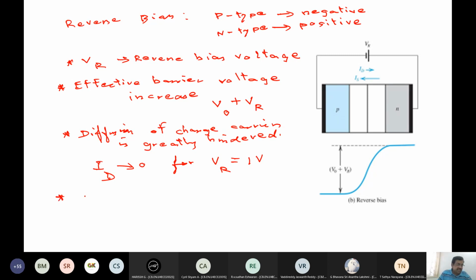Drift current definitely will be there, IS, because now drift across the junction. So drift is actually minority carriers that are generated by thermal voltage.